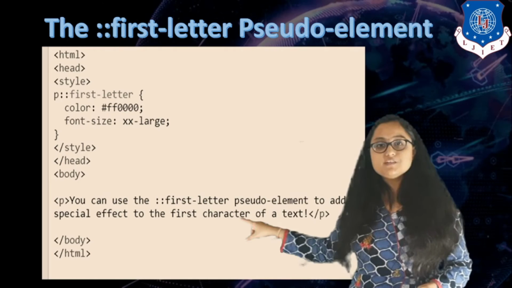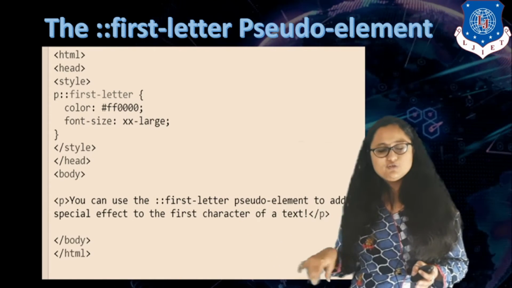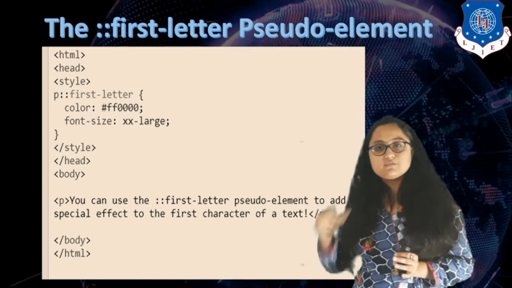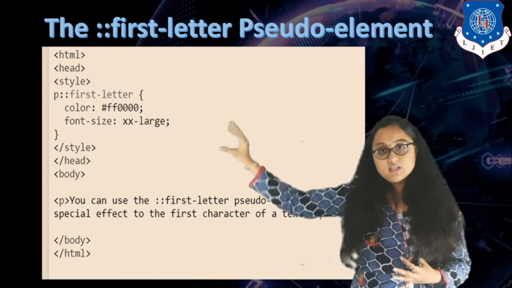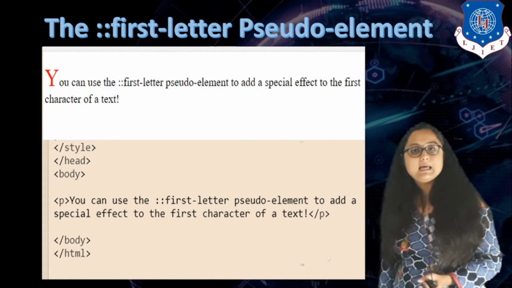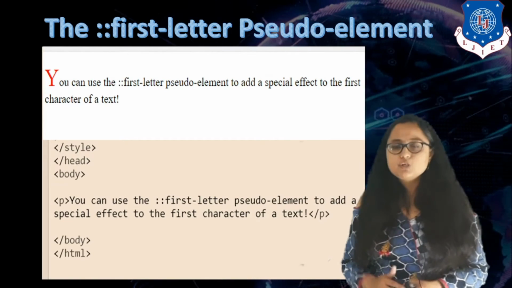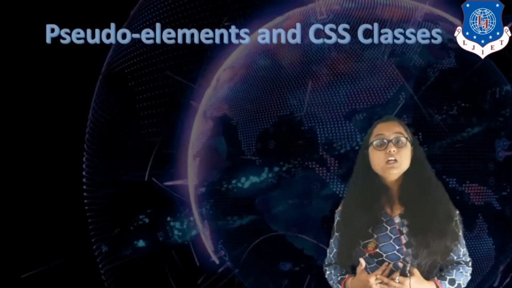The first letter of this paragraph is Y. So you will see in the output that Y is specifically designed so that its color is red and it has an extra large size. This is how I will have my output, because you have used the first-letter pseudo element.